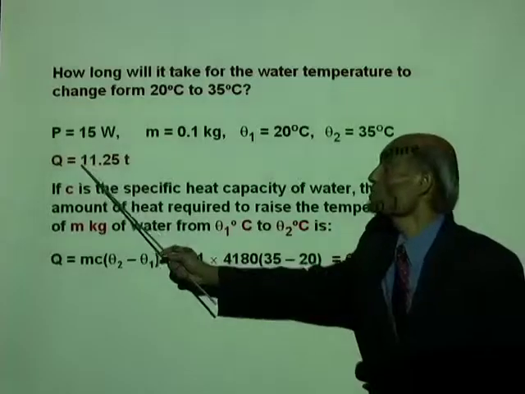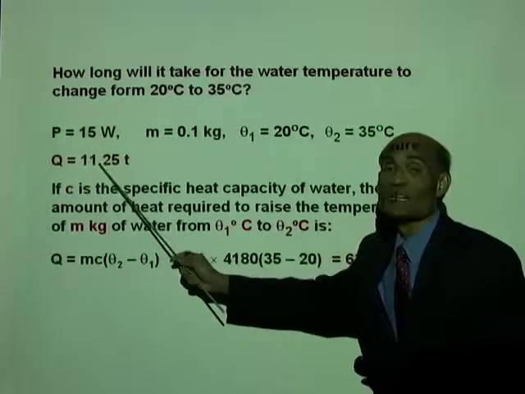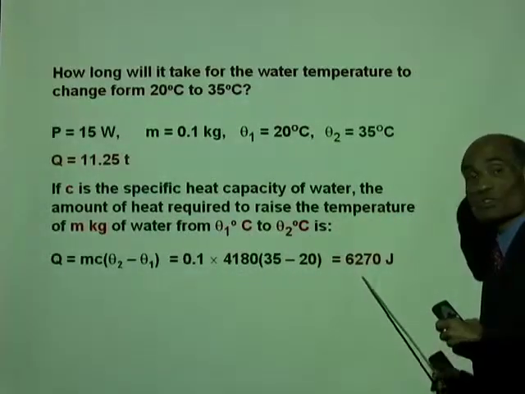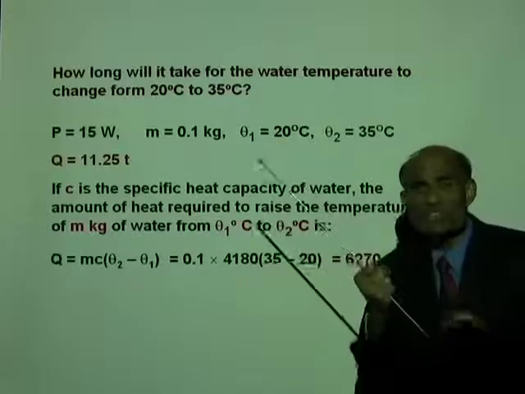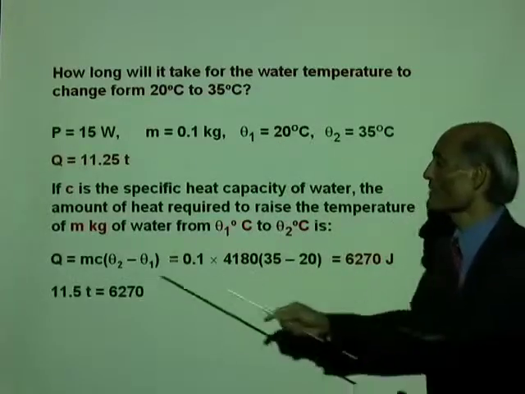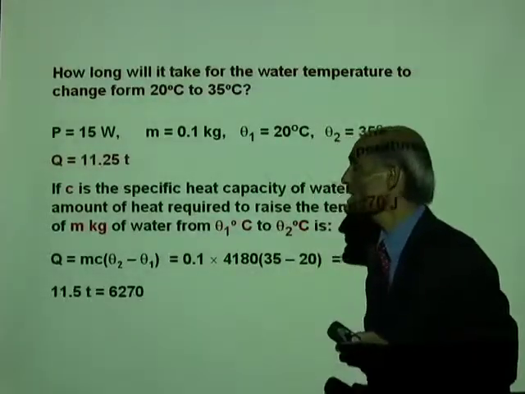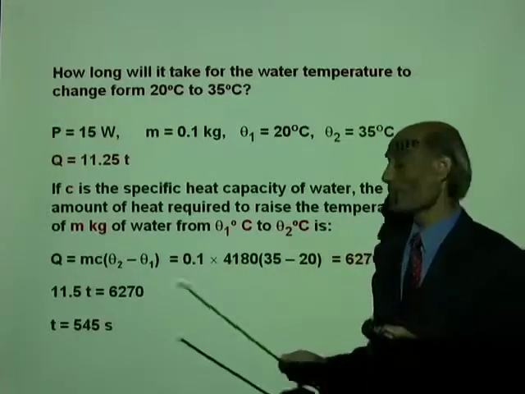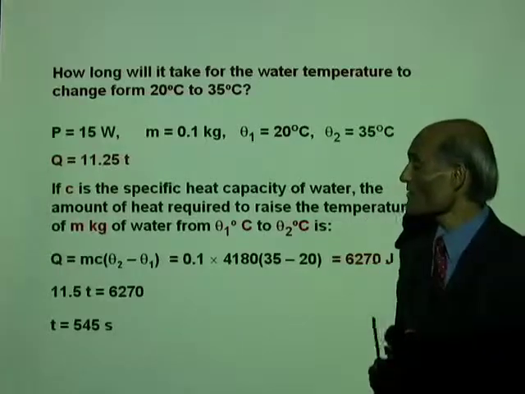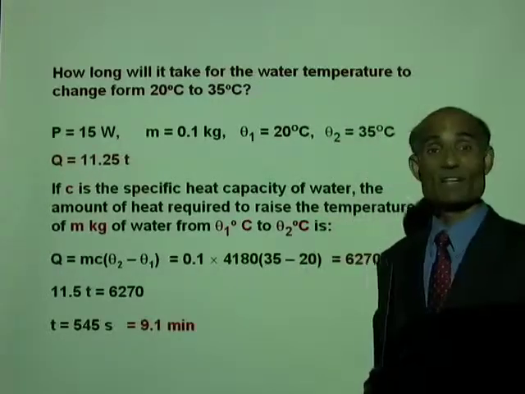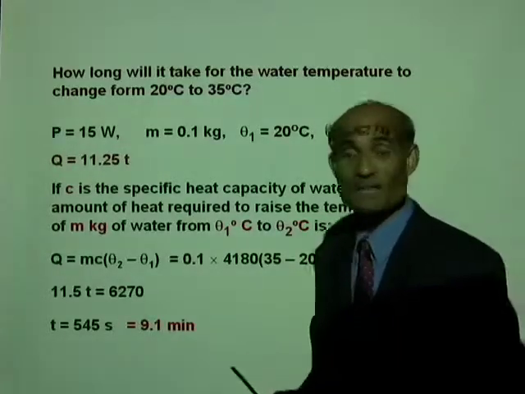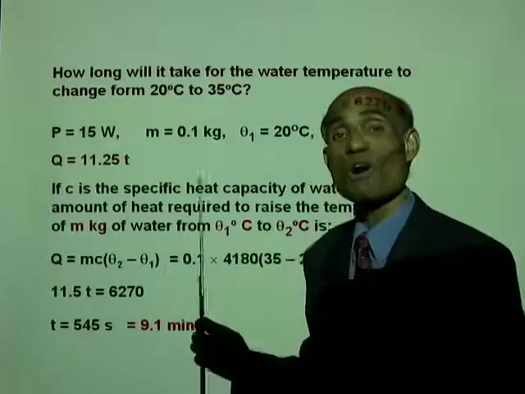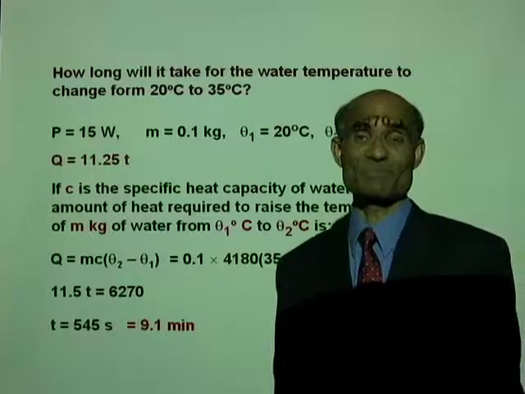That means this quantity of heat produced and supplied by the heater equal to this quantity that is used by water. So 11.25 T equal to 6,270, therefore T equal to 545 seconds, that is 9.1 minutes. A typical kind of problems, you must know how to solve these kind of problems.